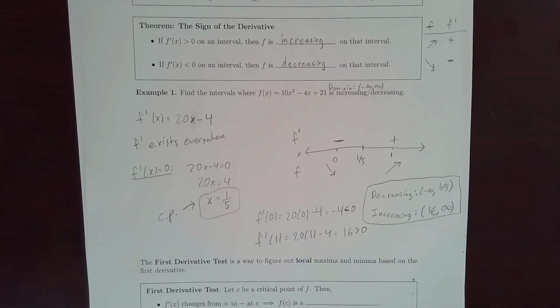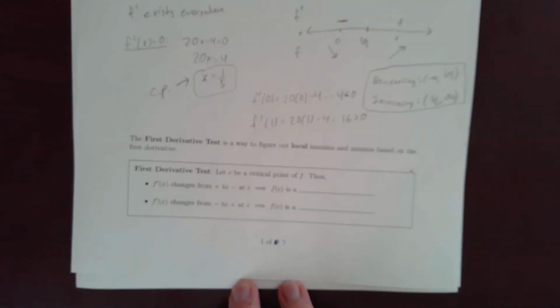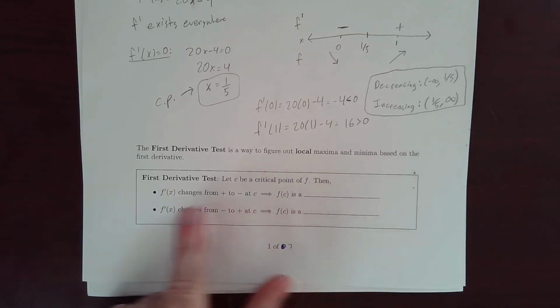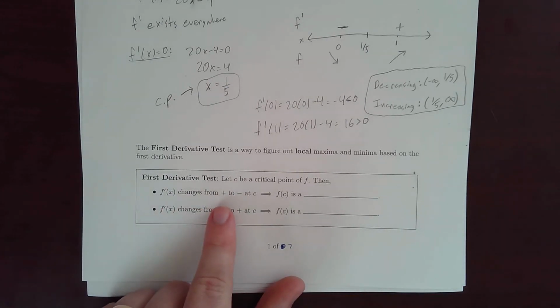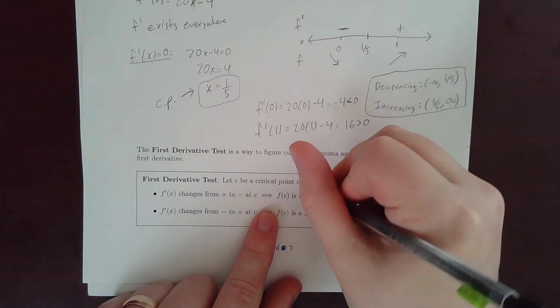Now we can use this idea of increasing and decreasing to help us find our local mins and maxes. So say we've got some critical point c. If f prime changes from being positive to negative at c, then f of c is a local max.